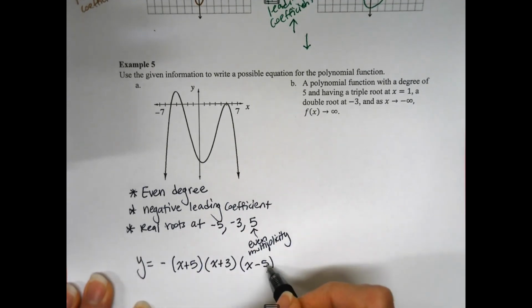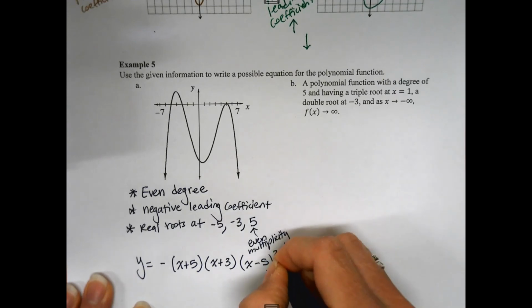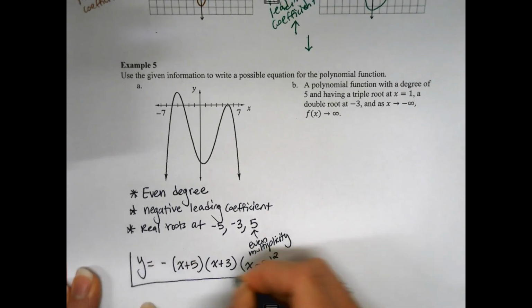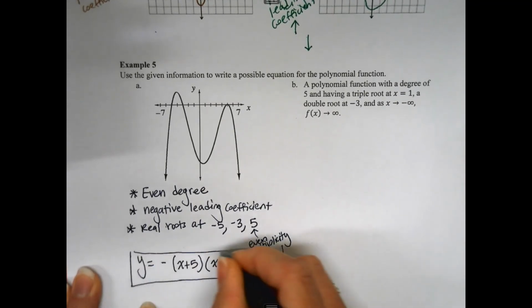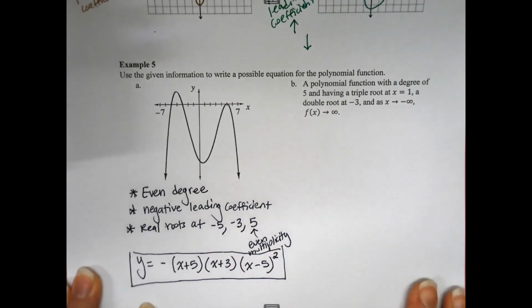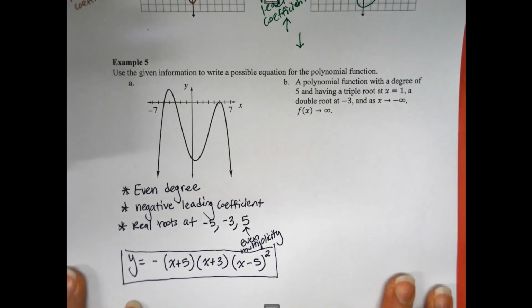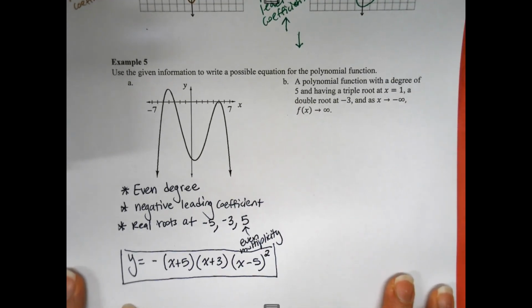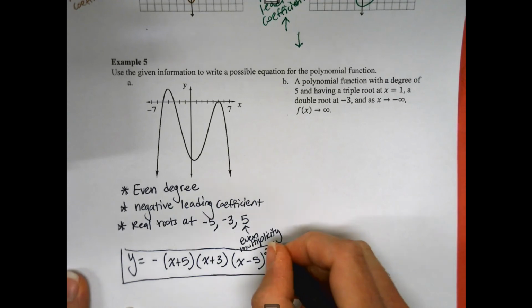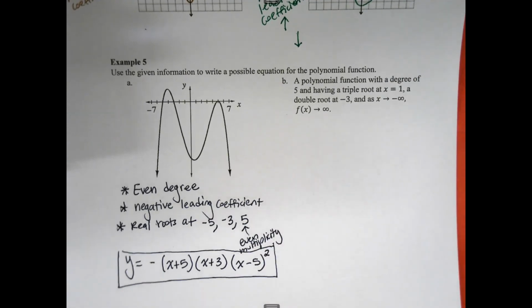And this 5 root needs a multiplicity. I'm going to give it a multiplicity of 2, but as I said before, you could potentially have a multiplicity of 4 or 6, but 2 is probably the best answer.